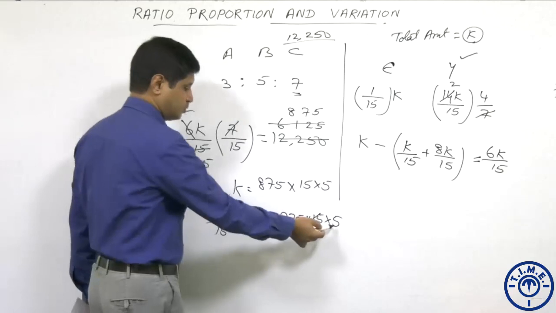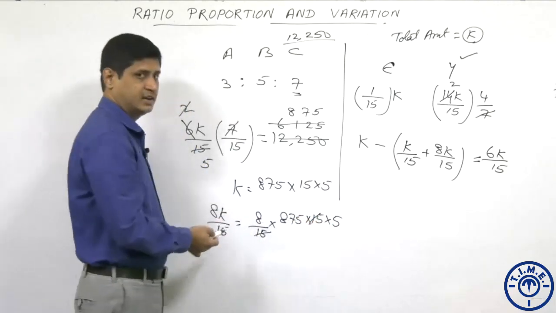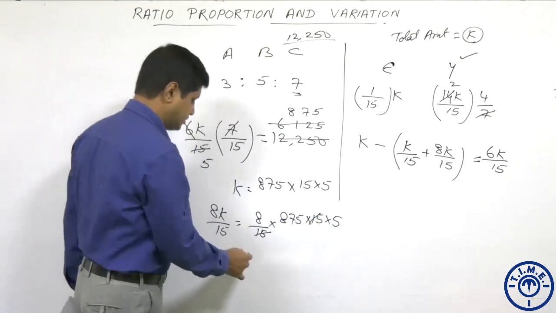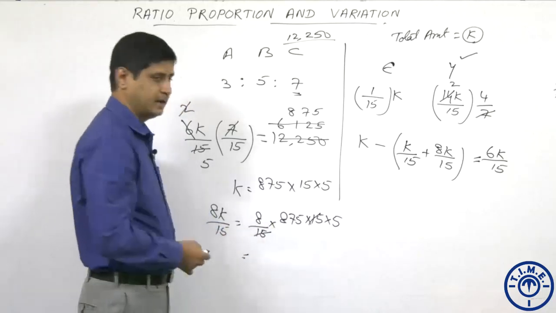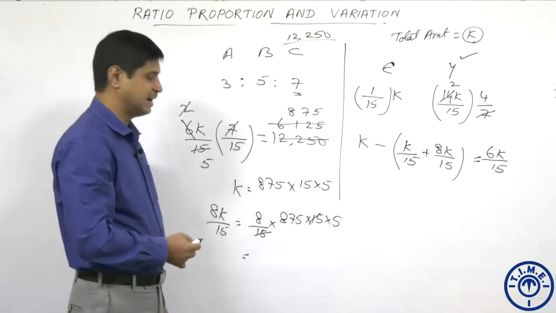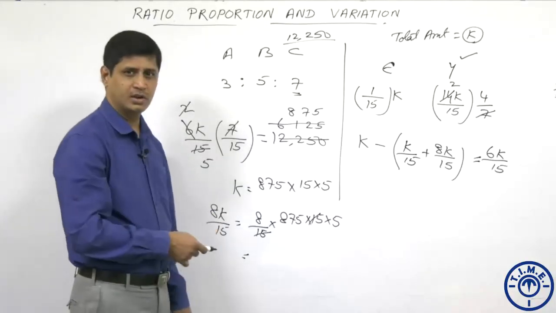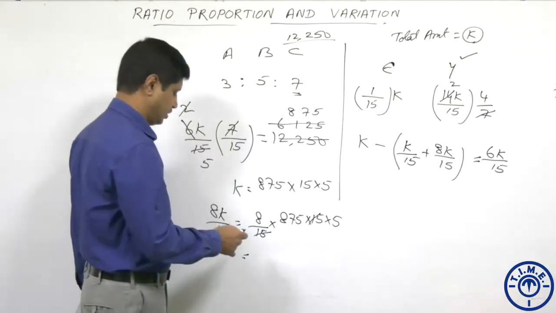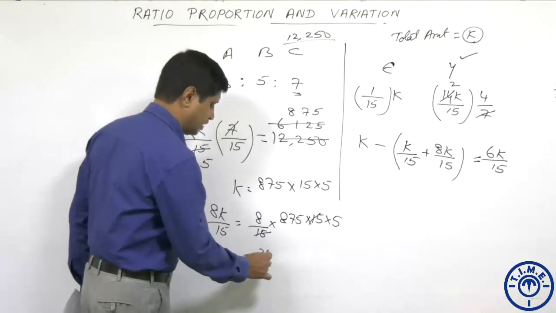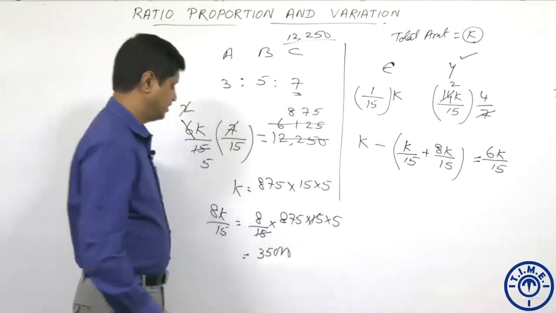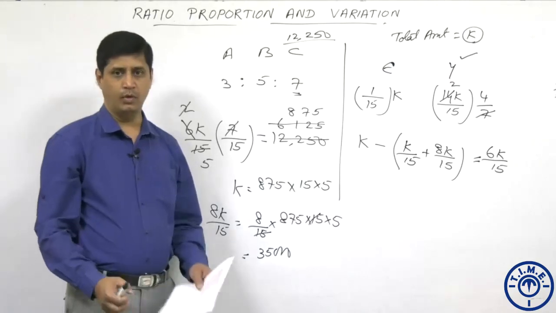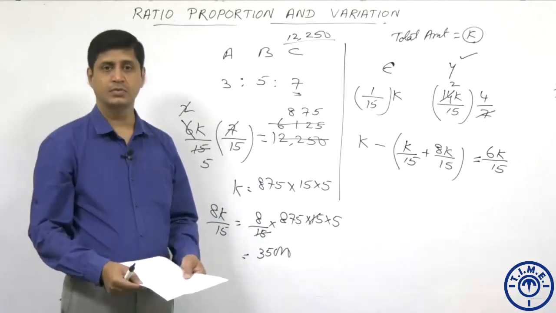Now, the product of these two, 5 into 8, is 40. 40 into 800 is 32,000. 40 into 75 is 3,000. Now, adding these two values, 35,000 is the share of the younger one. So, it is option 4.